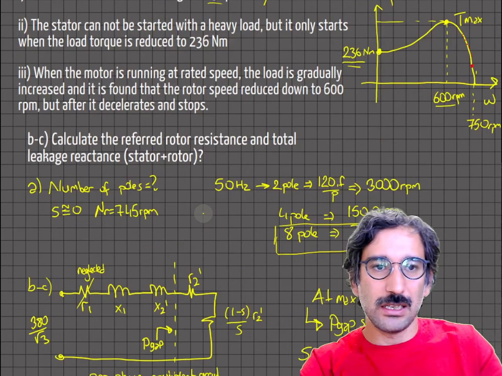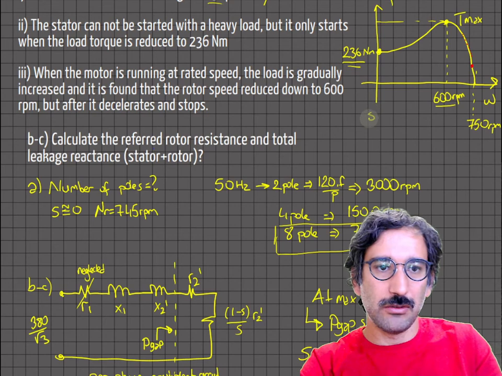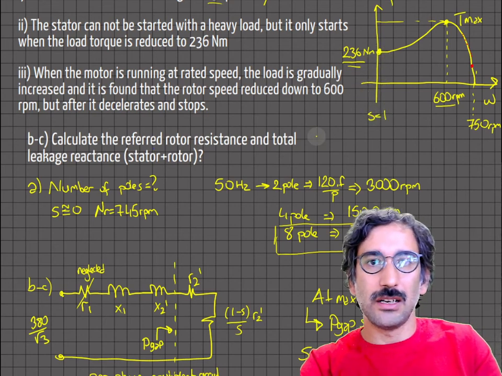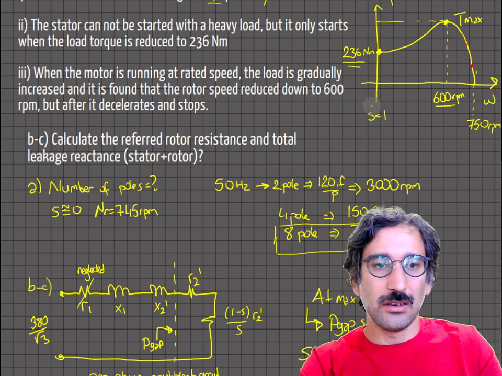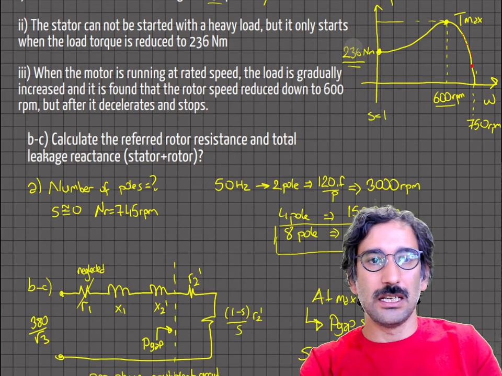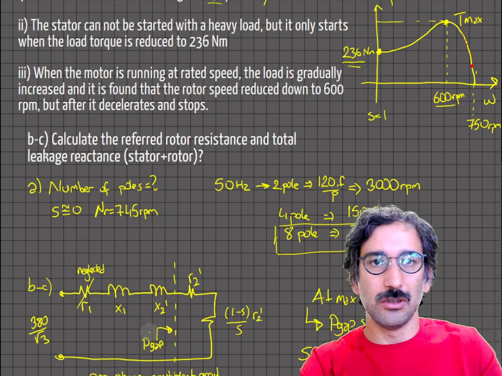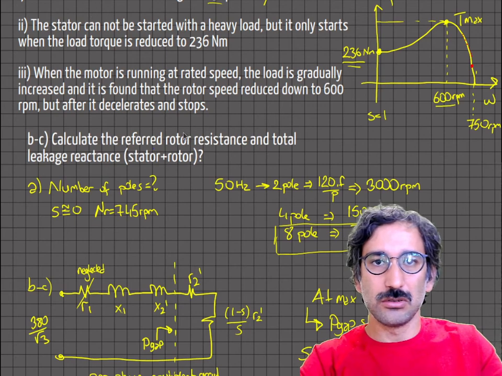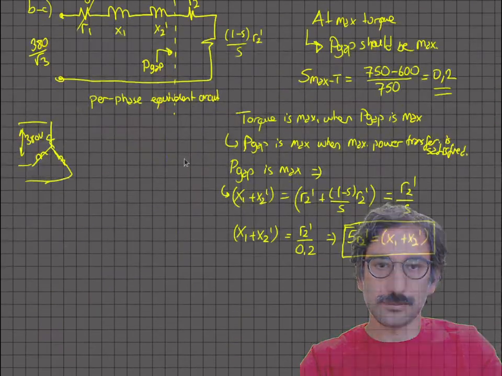So how can I use that information? So at that point I know slip is equal to 1. So I can write the torque expression with slip equal to 1, and I know the voltages. So let's try if I get another expression with equivalent circuit parameters.